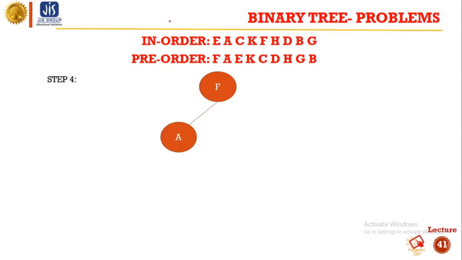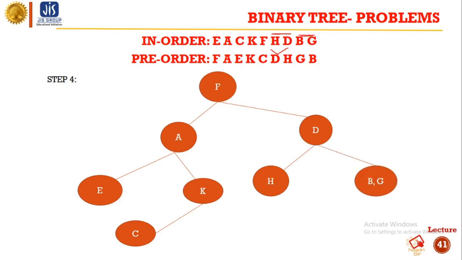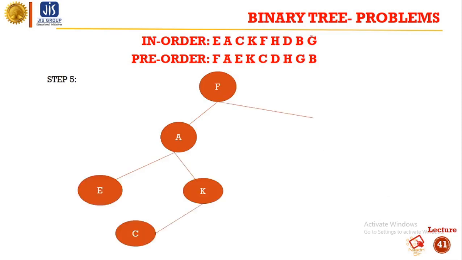This is F, then A, E, K, C. Now it is D. So the left-hand side of D is H and the right-hand side is B G. So it is H, and on the right-hand side it is B G. It is H and the next root is G, sorry.